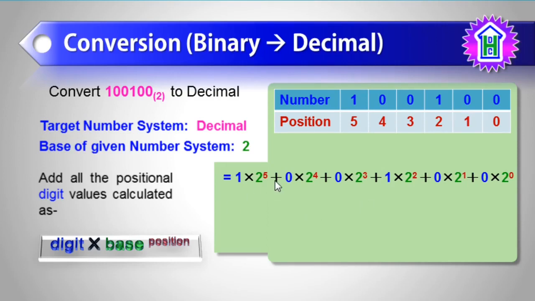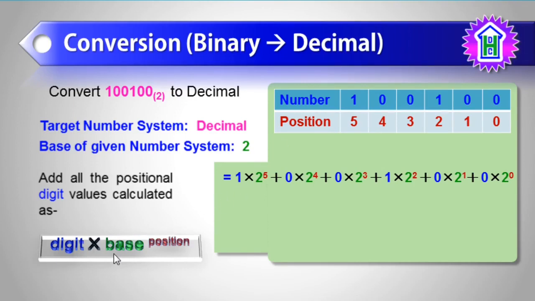So we are taking the digit, which is 1, at position 5, which is to be raised to the power of 2. The digit is written in blue color, so this is the digit 1.